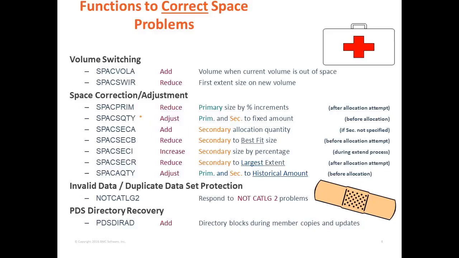SPAC A QUANTITY is a unique function that requires allocation, reporting, and automation to be licensed in order to use this. This function can automatically adjust the user's requested primary or secondary requests based on past allocation metrics so that the data is always allocated correctly, thereby removing the need to use DFHSM or other services to release space.